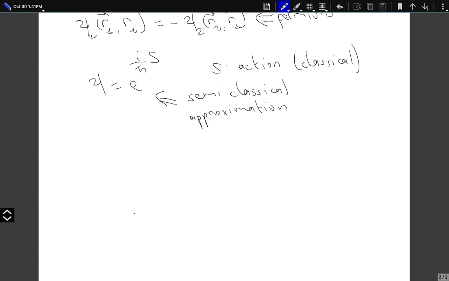The Boltzmann energy distribution, this factor, the probability proportional to it. So when is it valid? When can we use this?